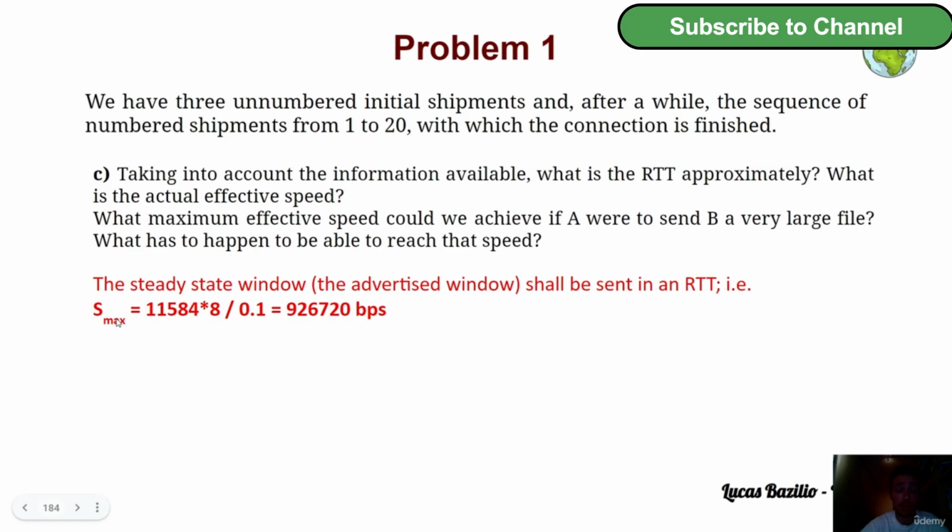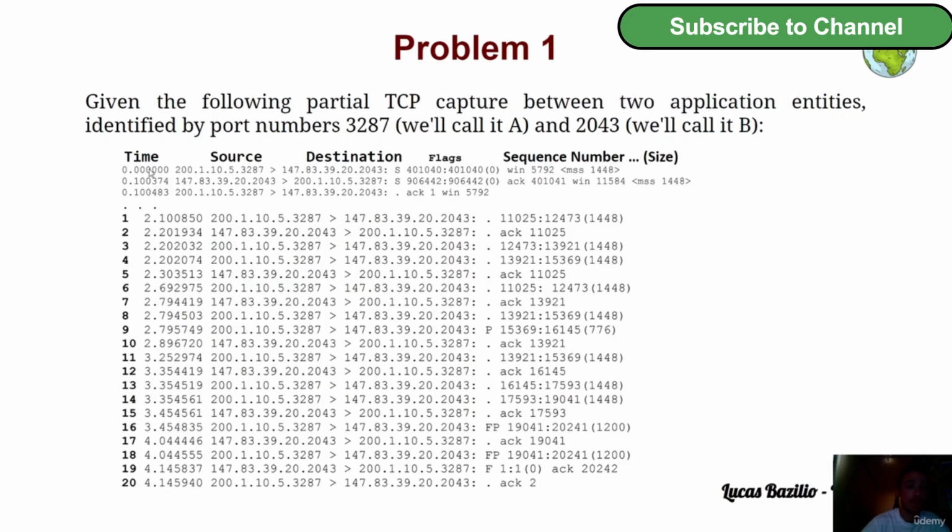We want the maximum effective speed in bits per second instead of bytes per second. So we multiply by 8, because if this value is in bytes, multiplying by 8 gives us the value in bits. And we divide this by the round trip time. Remember that the round trip time is the difference between these two first segments, which is 0.100374.